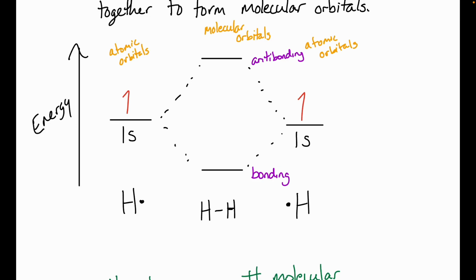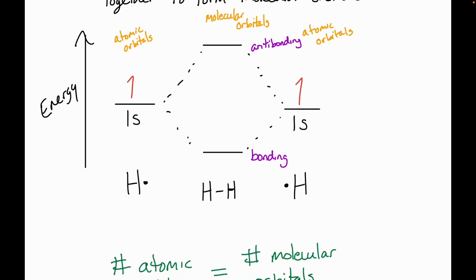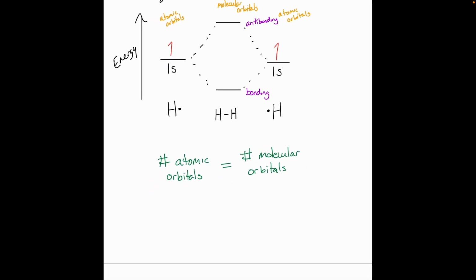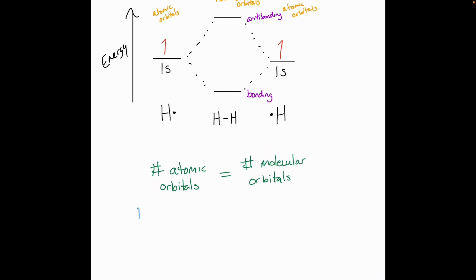So these two electrons that used to be in this atomic orbital, now I'm going to fill them in my molecular orbital. Okay. Importantly, we have rules for filling our molecular or any orbital diagram. All right, so let's just review that. Filling orbital diagrams.